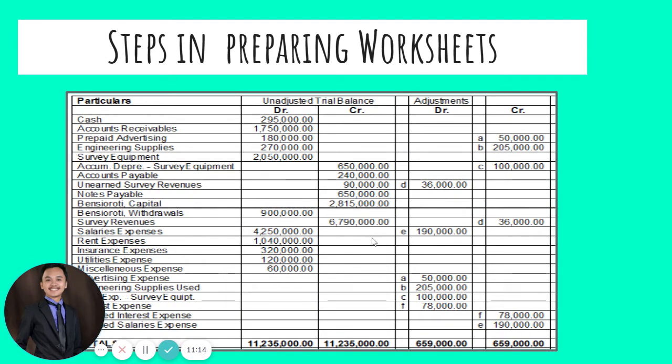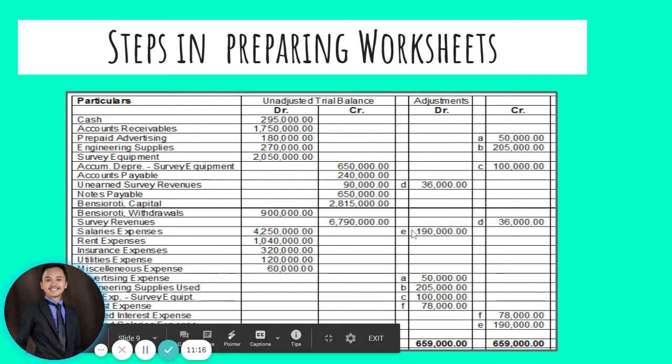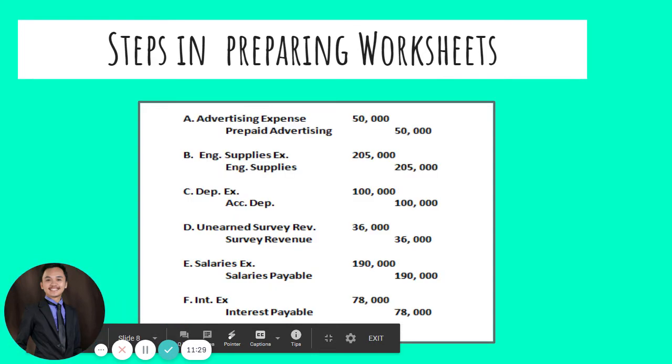Here, debit to salaries expense for 190,000. Credit to accrued salaries expense, or salaries payable, for 190,000.